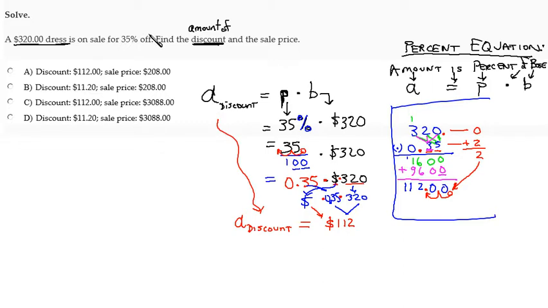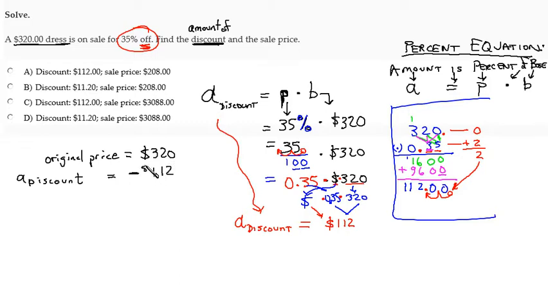Now, when they use the term "off" in sale terminology, it means we're going to subtract the discount from the original price. So here comes the rest of this problem. The original price of the dress is $320. But the amount of discount, by virtue of the meaning of the word discount, is to take off, to subtract the $112 that represents 35% off.